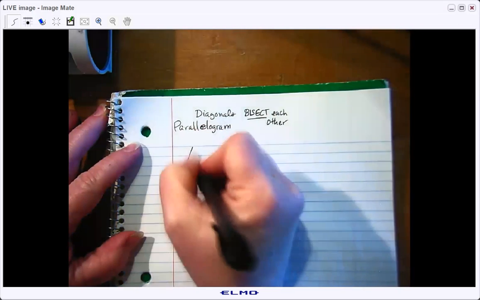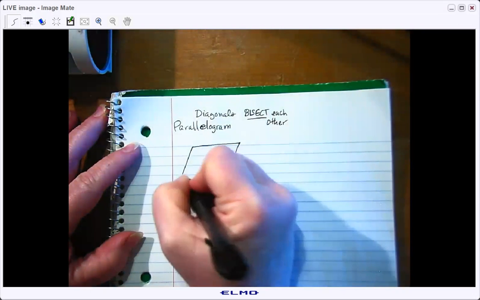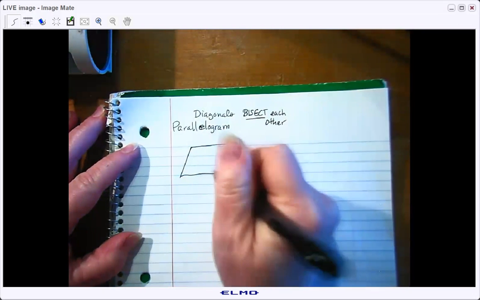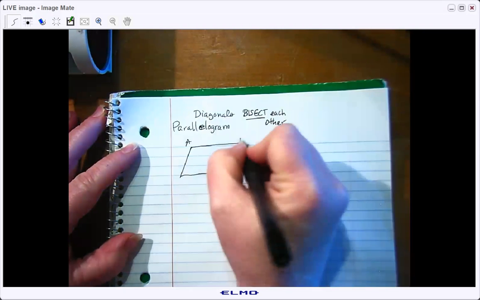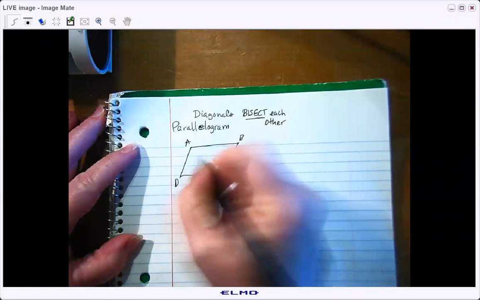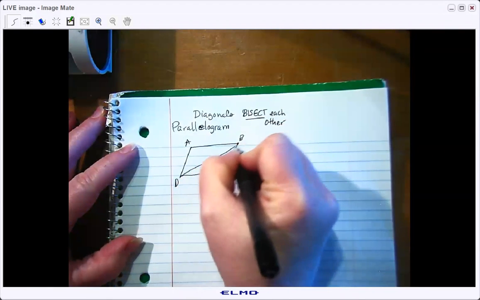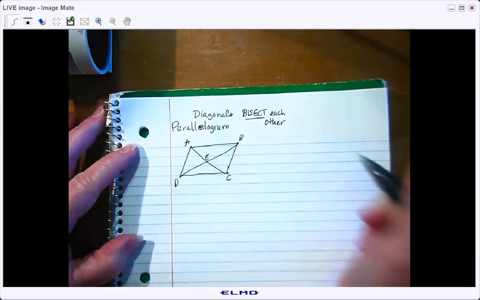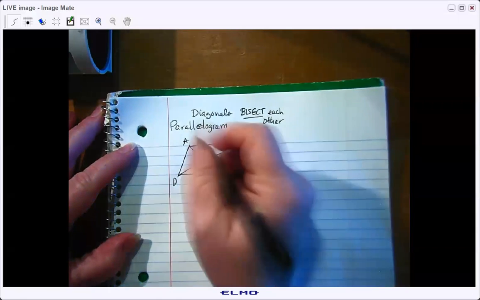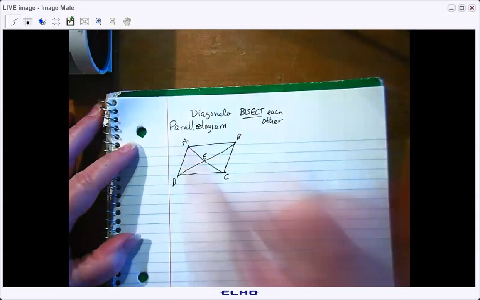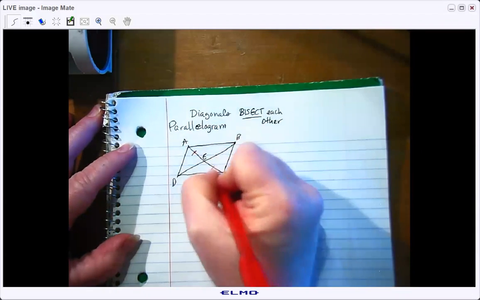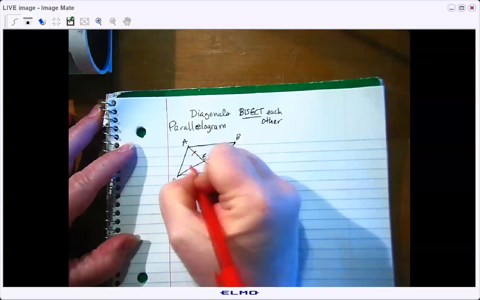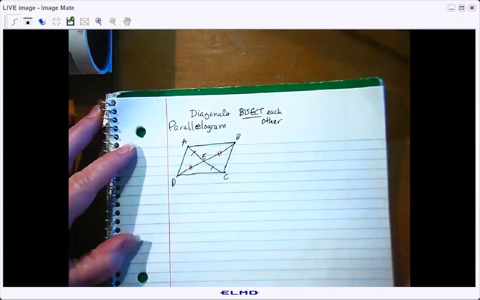Divide into two equal parts. Awesome, thank you. So A, B, C, D. We'll call that E. So what we know is that AE would equal EC, DE would equal EB.